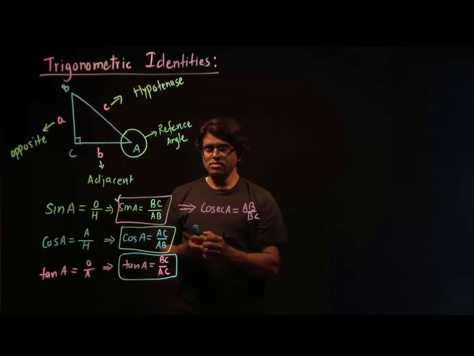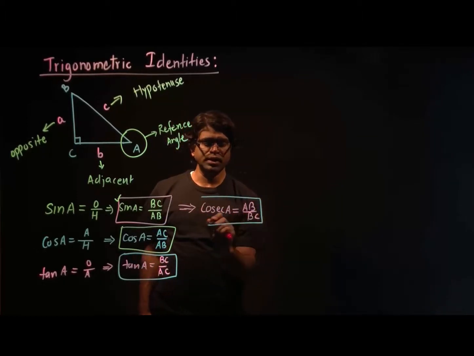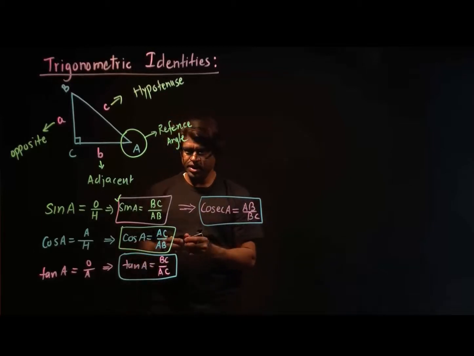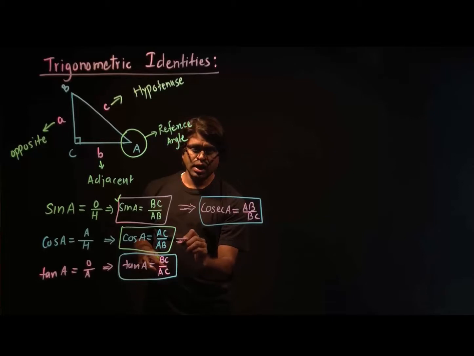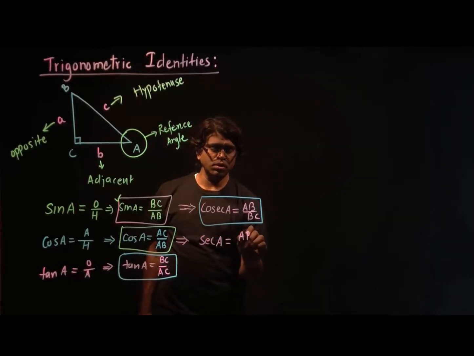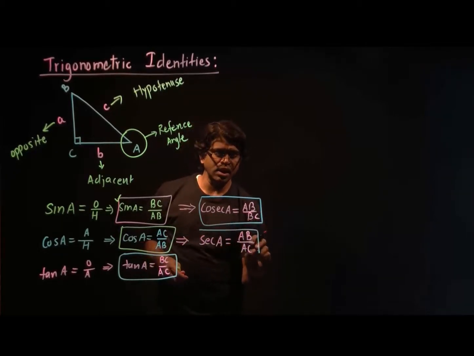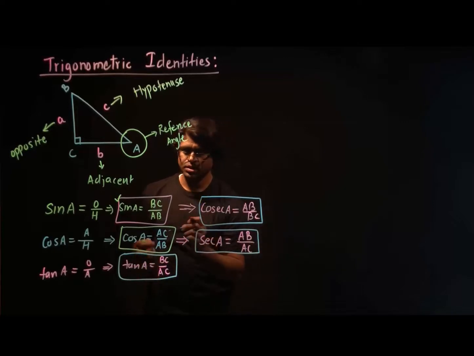In the same way, I can write the reciprocal of cosine as secant A, and secant will be AB over AC, because secant and cosine are reciprocals of each other.